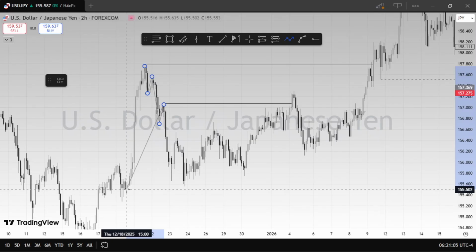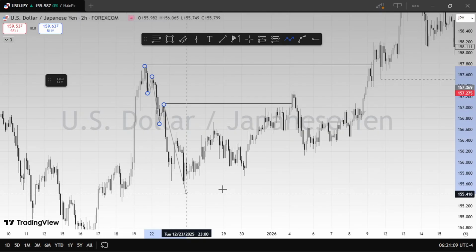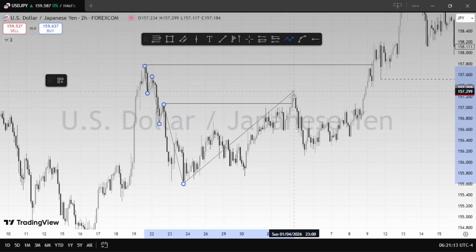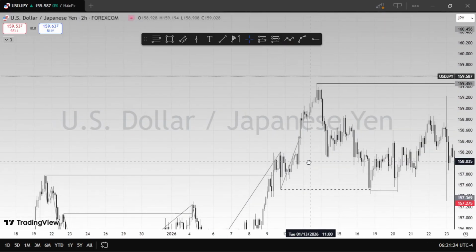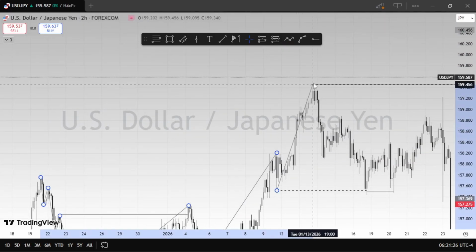But we know that there is supply and demand everywhere in the market. We don't know the one that is going to be mitigated and going to hold. So when price did that, price first took out the first high, gave a pullback, took out the second high, and then gave an inducement leg and broke structure to the upside.